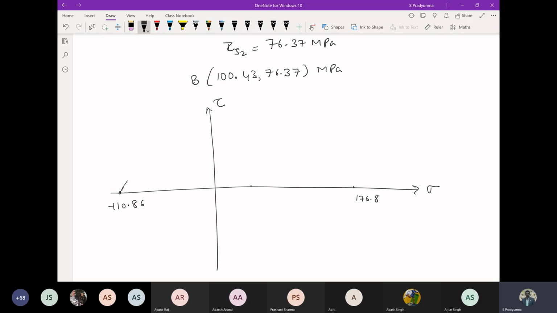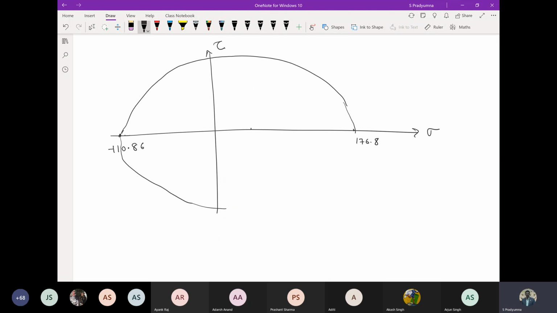One bigger circle, sorry that it is not looking like a circle.